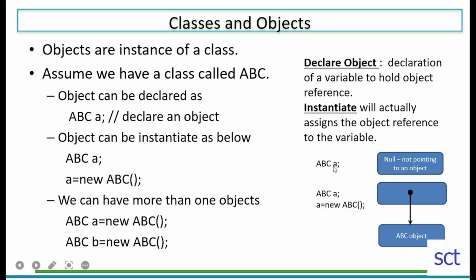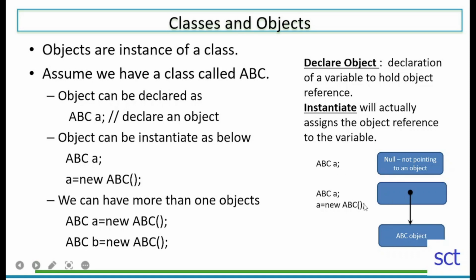A is an object that will be pointing to a memory location, where the actual object will be allocated. For example, if I have two integer variables, 4 bytes of memory will be allocated, and the starting address of those 4 bytes of memory will be stored in A.